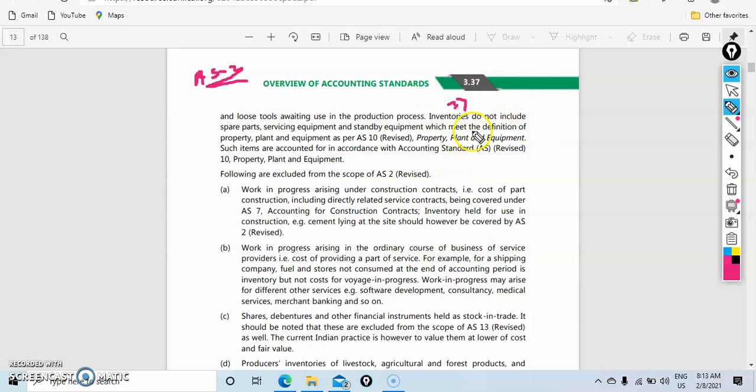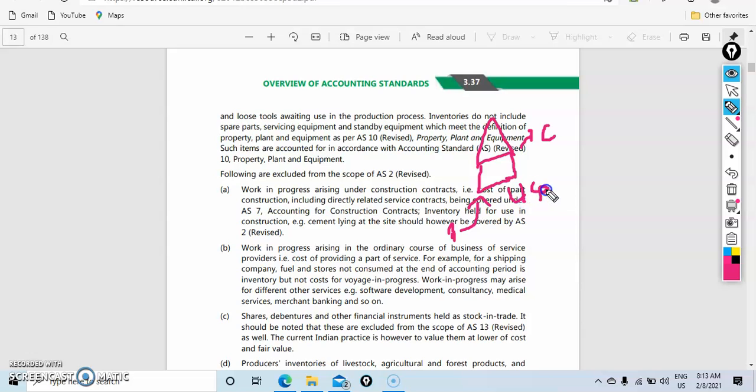But there are some exceptions, which will not be considered inventories. I will give one small example. Suppose it is a construction business. Builders purchase land, construct buildings, and sell them.